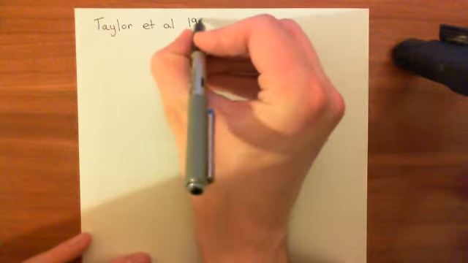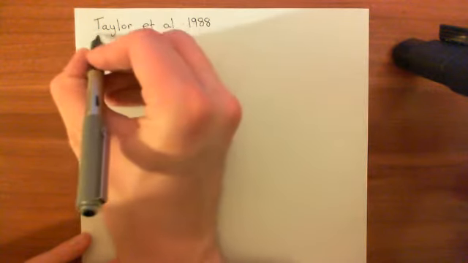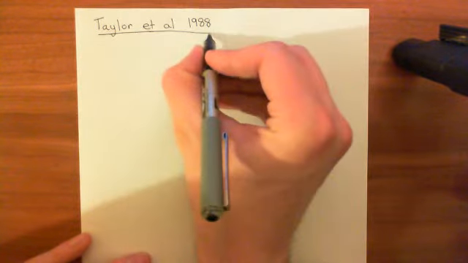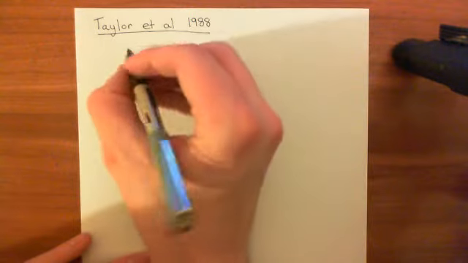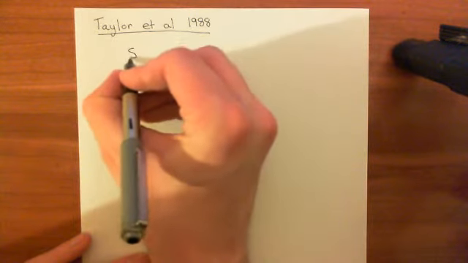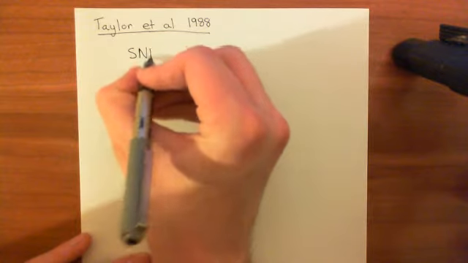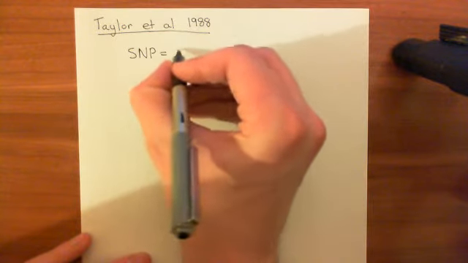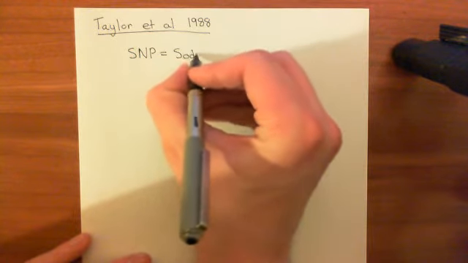So this was 1988. So what did Taylor do? Well, basically, he used the nitrovasodilator, sodium nitroprusside, which is often abbreviated to SNP.